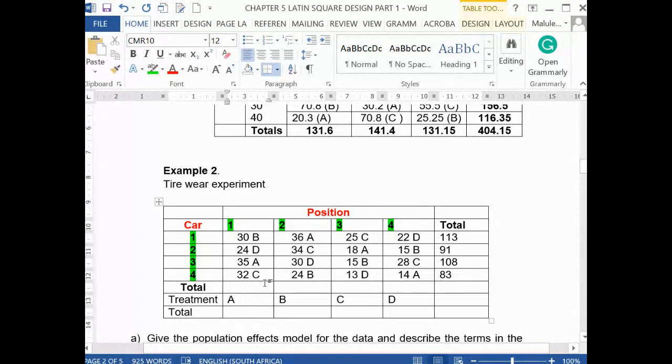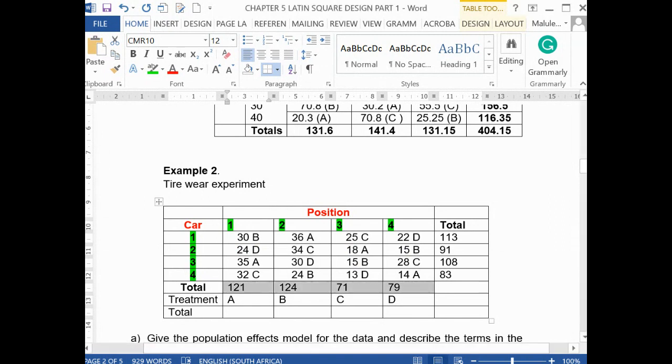Nomvela, please give me the sum of the positions. 121, 124, 71, and 79. Again, when you add your totals, the final answer should be the same as the answer from Tato.